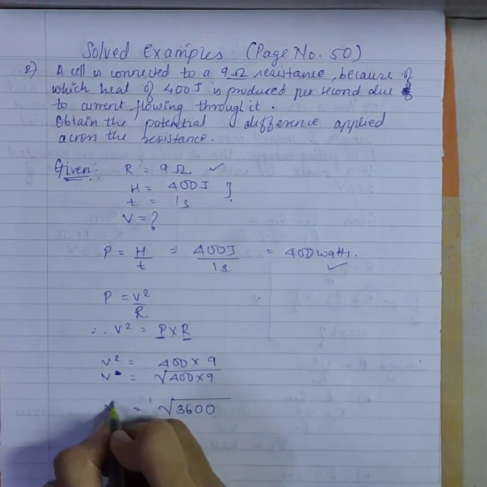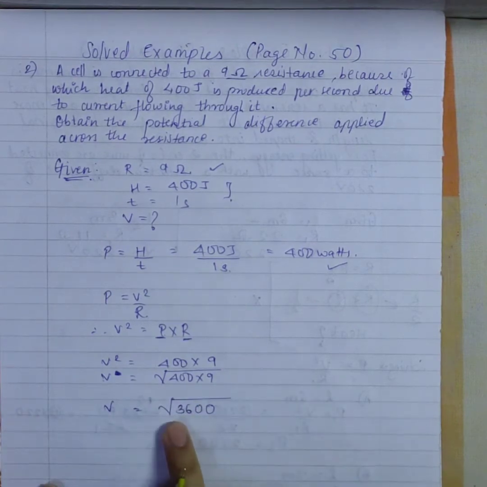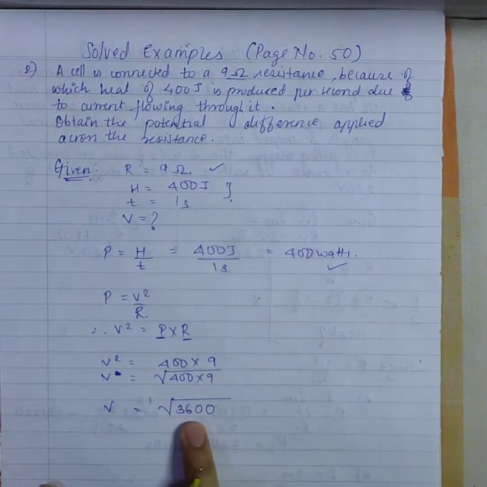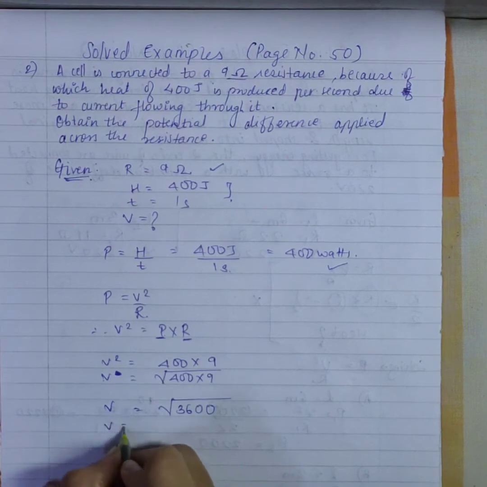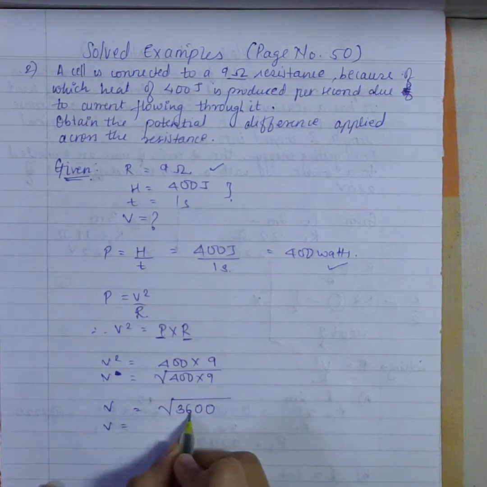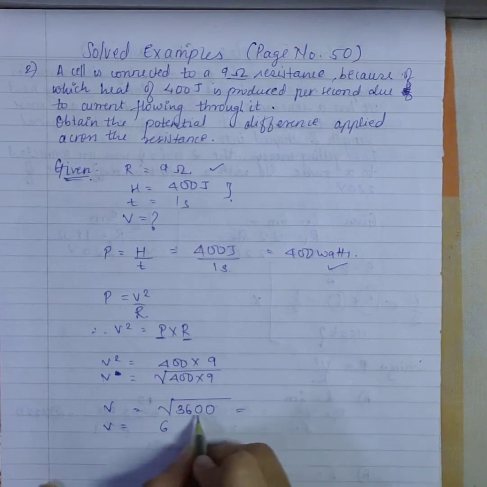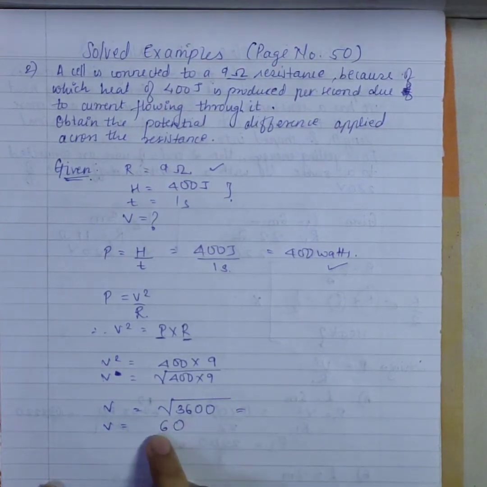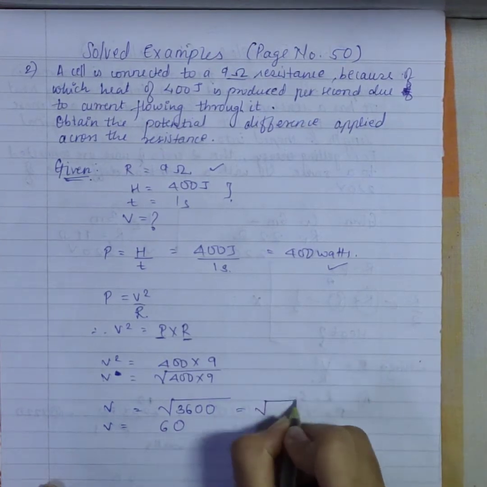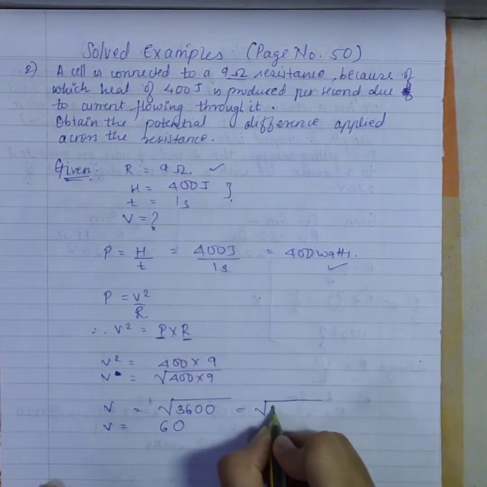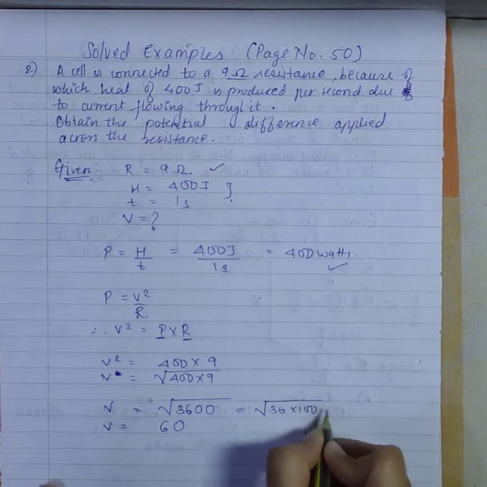Fine. So V is equal to square root of 3600. Now you know that square root of 36 is 6, and square root of 100 is 10. Therefore it is 60. Now how did I do this? I'll just show you for your simplicity.